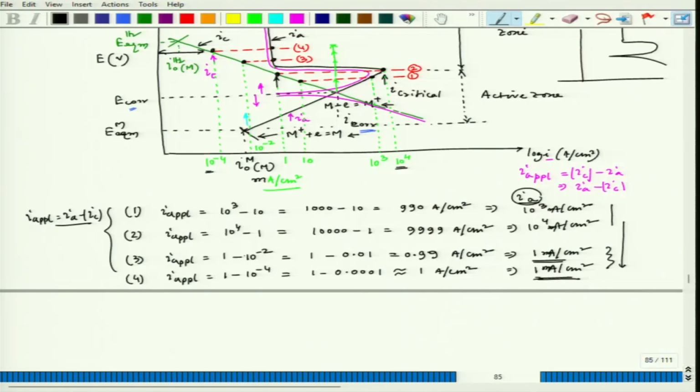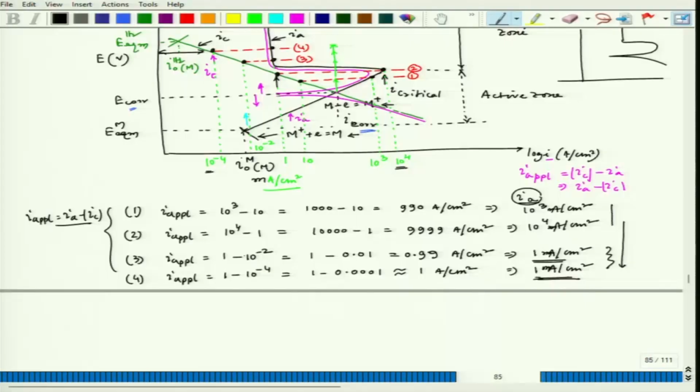Sometimes this particular value goes to a few microampere per centimeter square. So, now you can sense that the current value would be, or let us say instead of milliampere, let me put it as microampere.